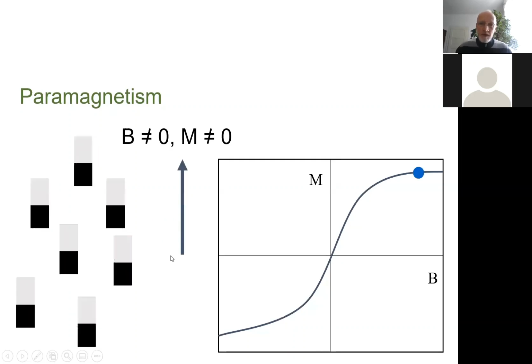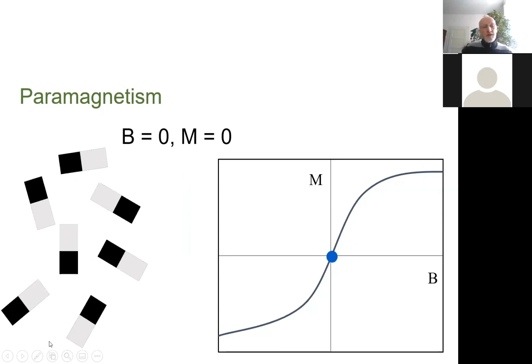And of course, at strong magnetic field, all dipoles are oriented in the same direction, and we measure the maximum of magnetization. If we further increase the external magnetic field, there will be no change of magnetization, of course, because all the dipoles are already oriented. If we switch off the magnetic field, the dipoles again become randomly oriented and magnetization becomes zero.